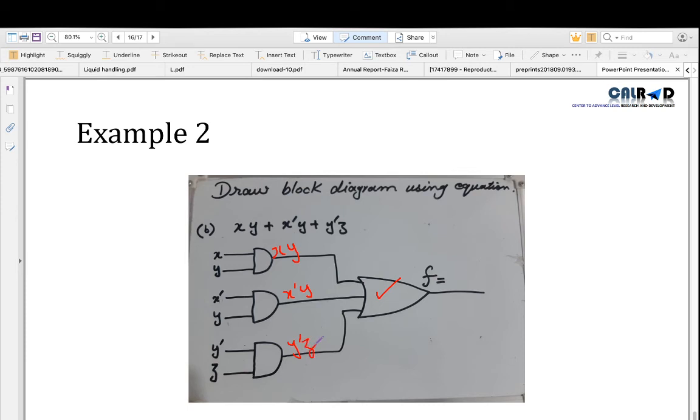So now we have three outputs and we have to sum them, so we use an OR gate. What is the first input?